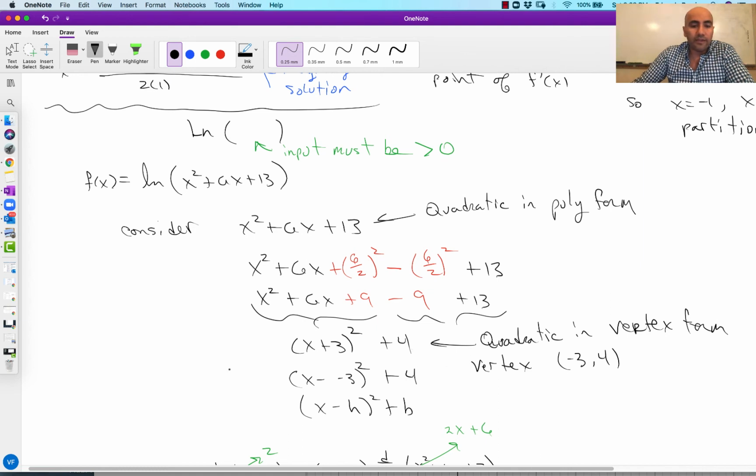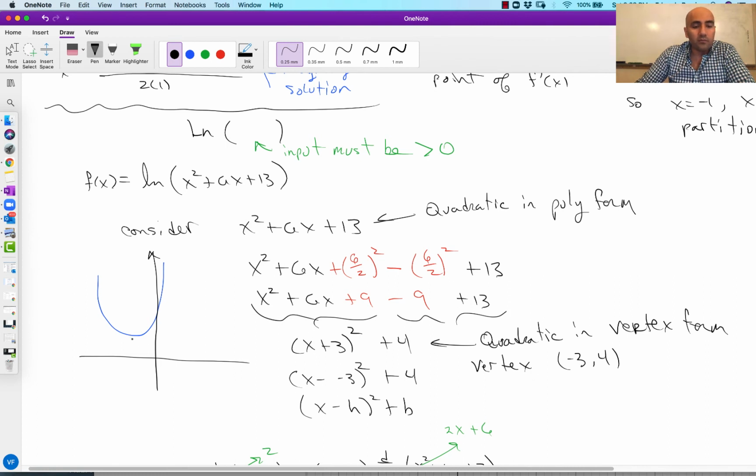With that information, I can roughly sketch that this is a parabola that opens up, and it's going to be above the x-axis.